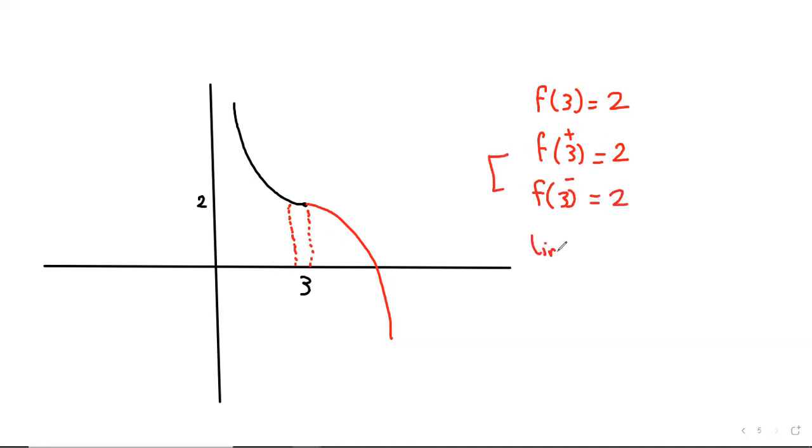The limit of the function when x tends to 3 equals 2, and f of 3 equals 2. Because the limit equals the value of the function, we say that this function is continuous at x equals 3.